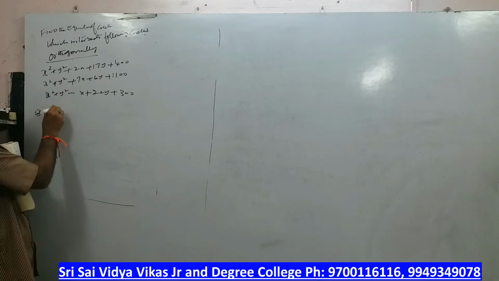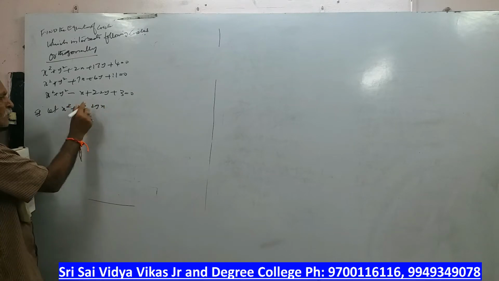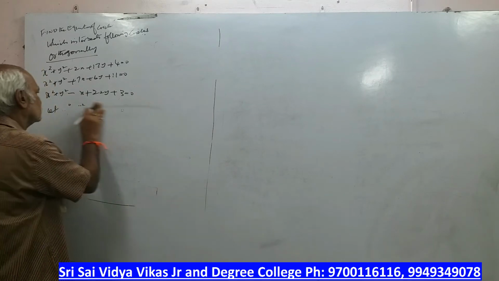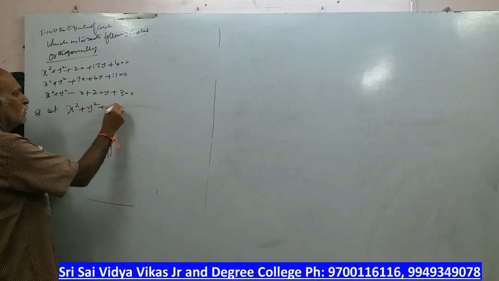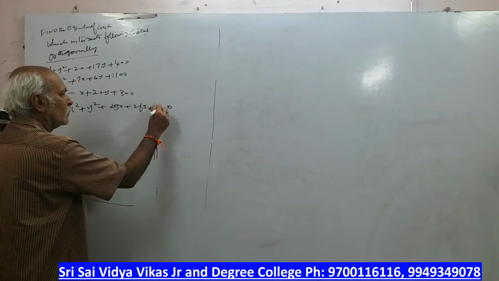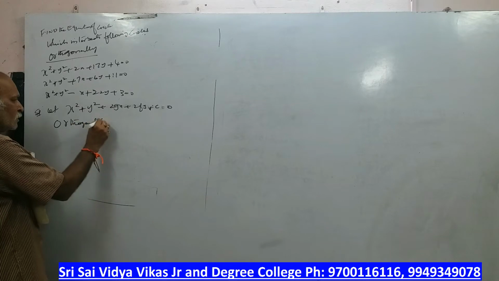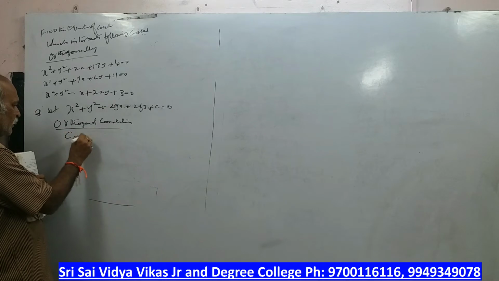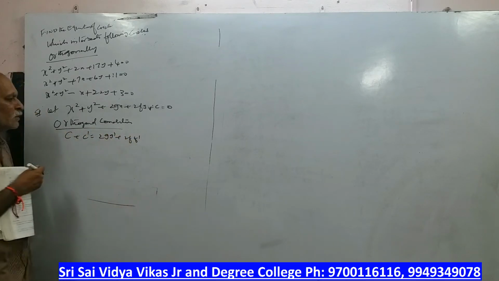Solution: let x square plus y square plus 2gx plus 2fy plus c is equal to 0. Okay, orthogonal condition: c plus c dash is equal to 2gg dash plus 2ff dash, right?